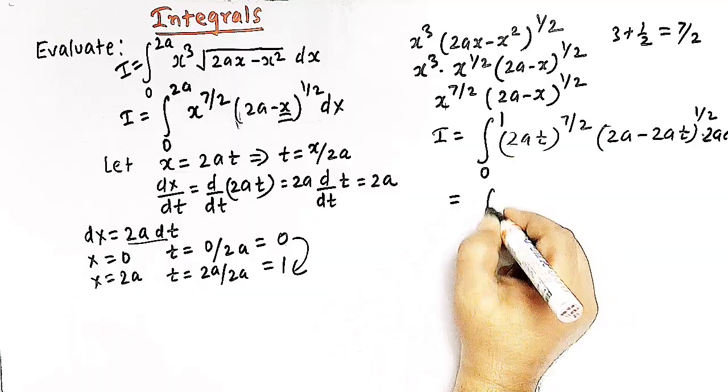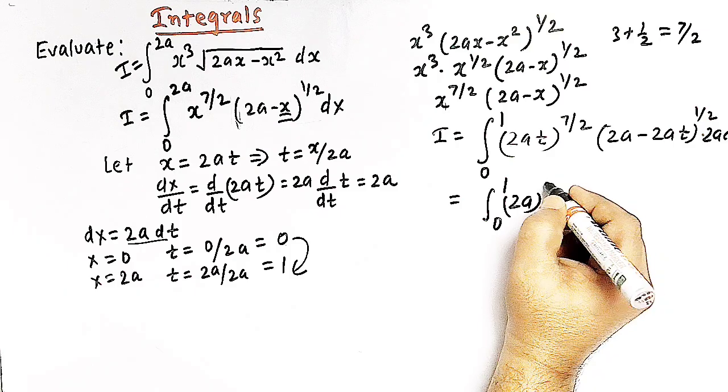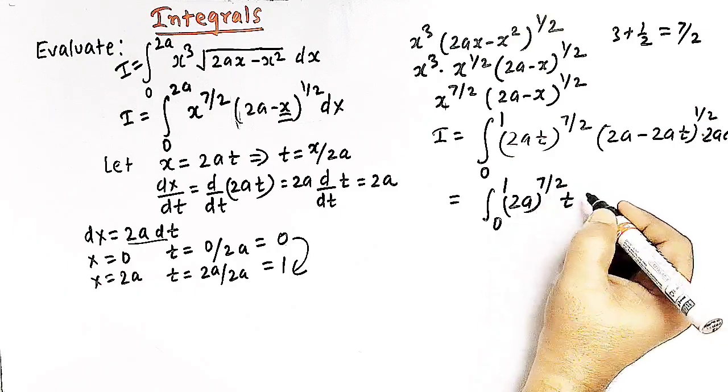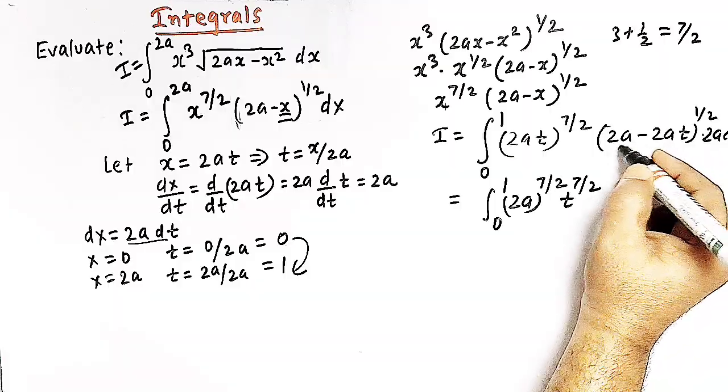So we can now write 0 to 1, 2a raised to 7 over 2 and t raised to 7 over 2, and here we can take 2a common.